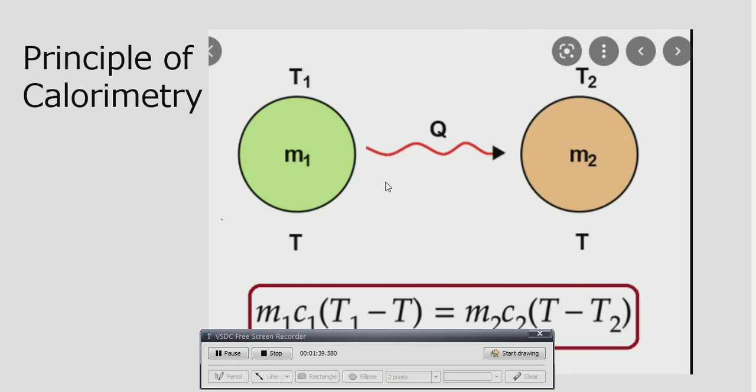I am taking M1 as the hot body and M2 as the cold body. Depending on the temperature difference, M1 will give heat to M2 and M2 will take heat from M1. After some time both M1 and M2 will be at a common temperature T.